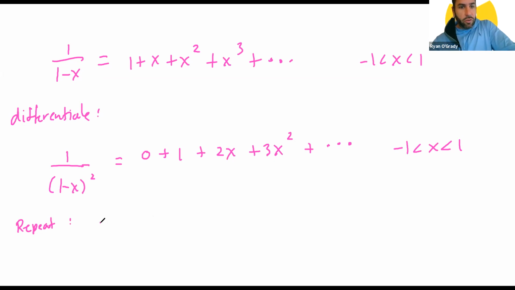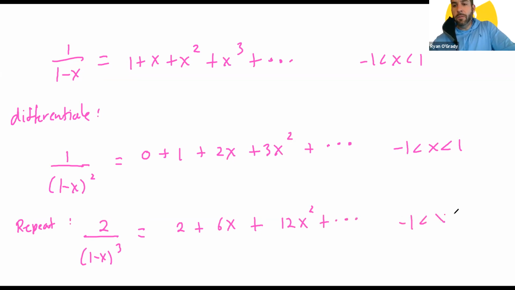So this becomes 2 over 1 minus x quantity cubed equals 2 plus 6x. What would the next one be? Well, the next one would be 12x squared, etc. And that's between -1 and 1. Then the only thing you'd have to do is divide everything by 2, and that gives you the desired series.